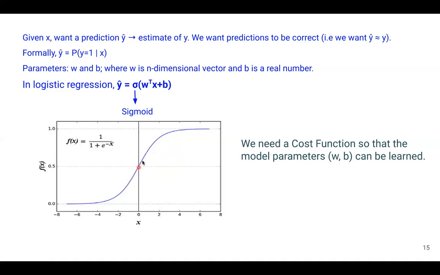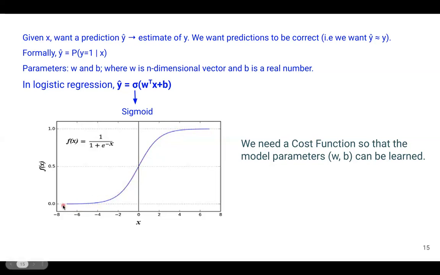So we can say that if the value lies in this region, 0.5 to 1, then it is predicting y hat equal to 1, so it is predicting that the picture was a cat picture. And in this region, less than 0.5, we can say that it is predicting 0.